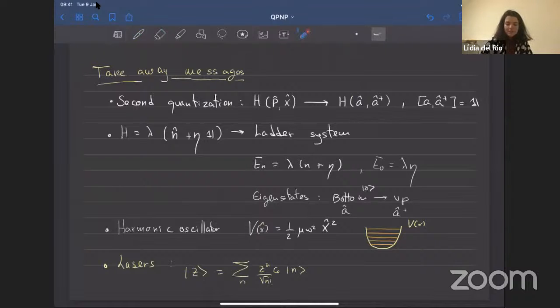So what they are is a superposition of all these eigenstates with some cleverly chosen coefficients. And these things, as it turns out, behave like Gaussian wave packets, more or less. That's why you can shoot a laser and see where it's going. So again, there's a lot that could be said about this, but we don't have the time to do it.